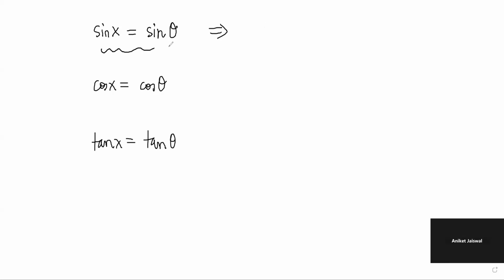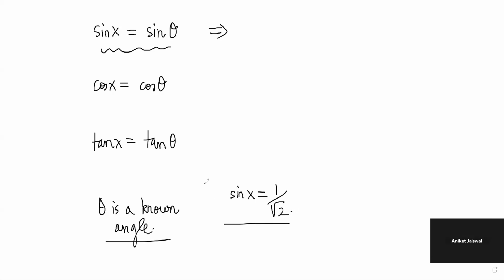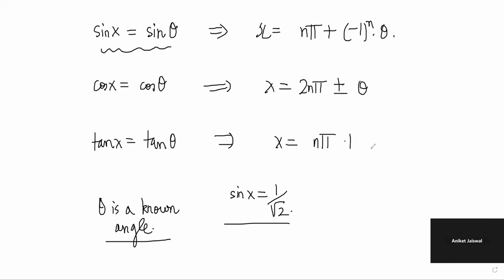Here we are assuming that theta is a known angle or constant angle, because the equation will be something like sin x is 1 by root 2, right? We will write 1 by root 2 as sin theta. So here the solution is x is equal to n pi plus minus 1 power n theta. Here the solution is x is equal to 2n pi plus minus theta. And here the solution is x is n pi plus theta.